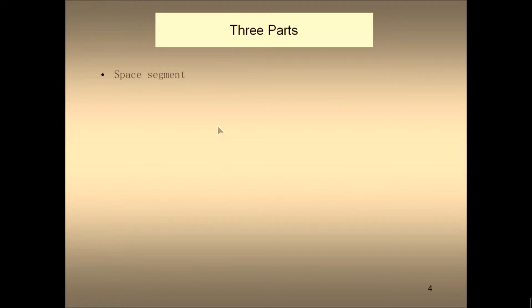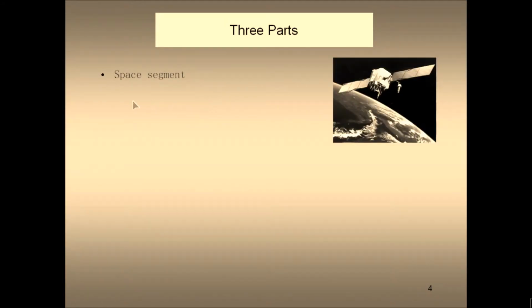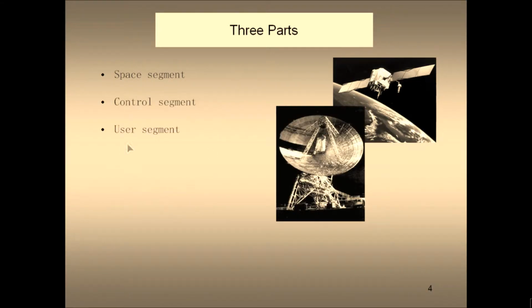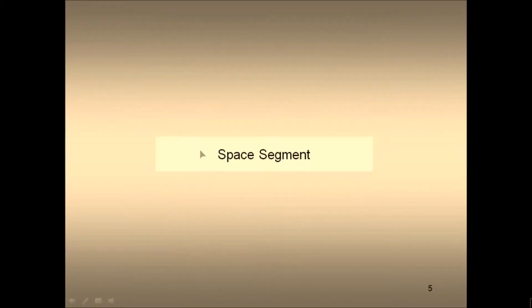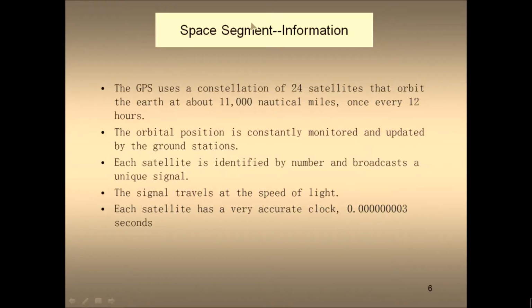There are 3 parts in the global positioning system: the space segment, the control segment, and finally the user segment, the receiver. Space segment: GPS uses a constellation of 24 satellites that orbit Earth at this height around 2 times a day, and the orbital position is constantly monitored and updated by the stations on the ground.